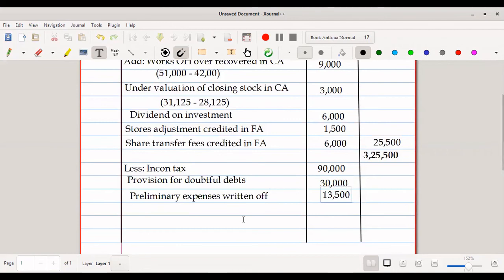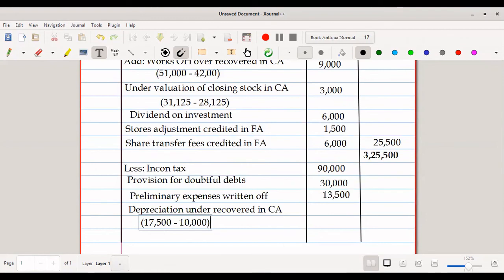Next, depreciation under recovered in cost account. So let us see the difference. Both amounts are given here. One is 17,500 minus 10,000. So what will be the amount now?